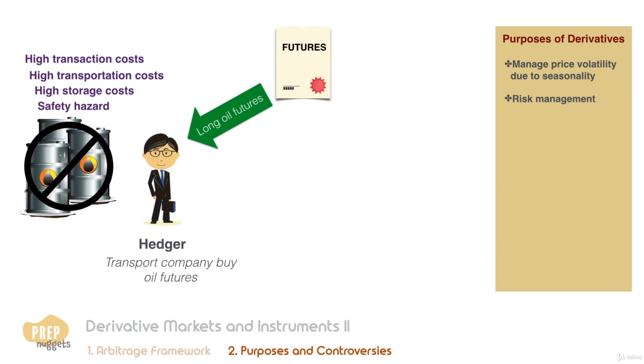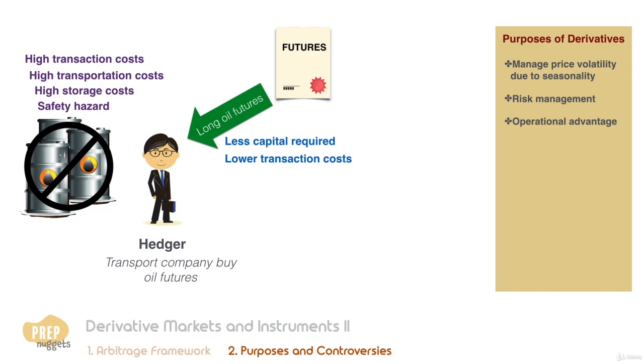This is an example of operational efficiency. Firstly, the company conserves cash as it only needs to fork out a portion of the cost for the futures margin requirements. The transaction costs in dealing with futures can be much lower than the transaction cost to buy, transport, and store the physical barrels of oil.